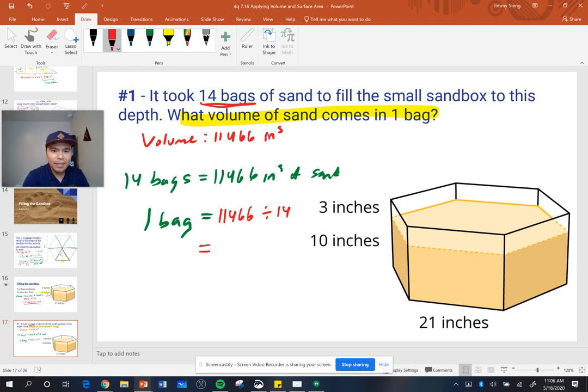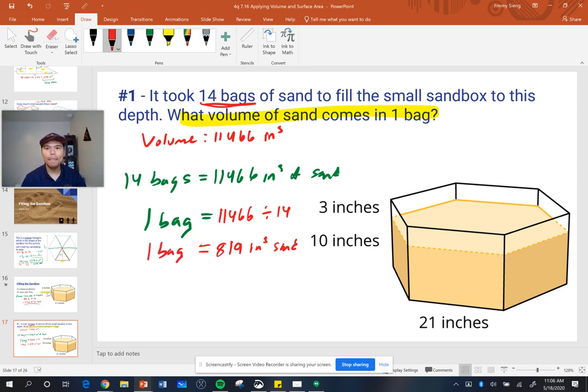Therefore, I know my answer has to be 819 inches cubed of sand, right? That's how much one bag is equal to.